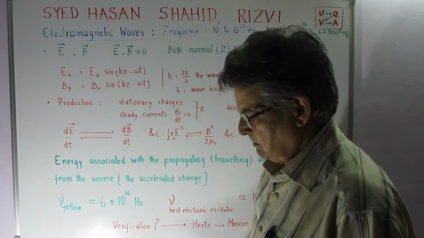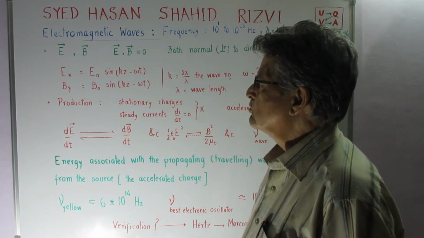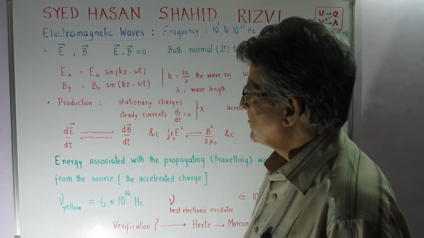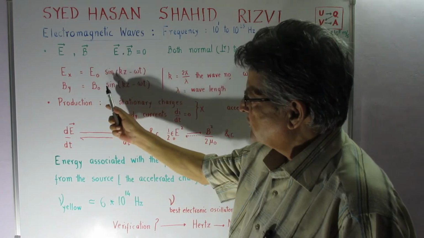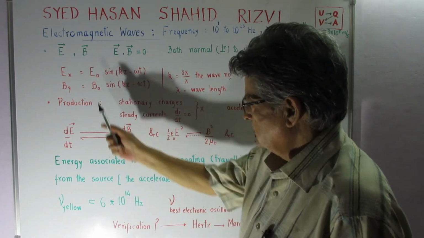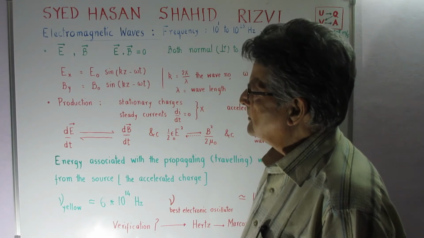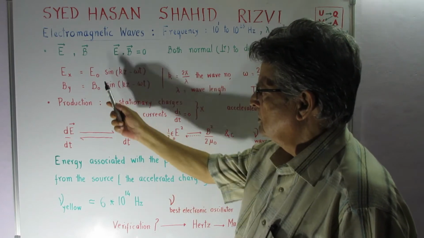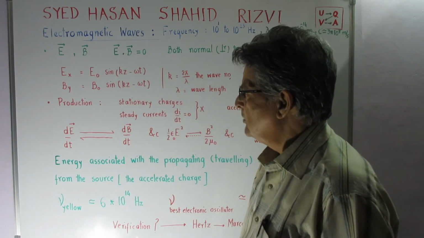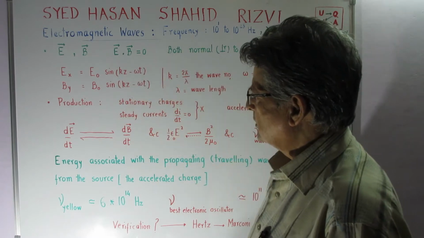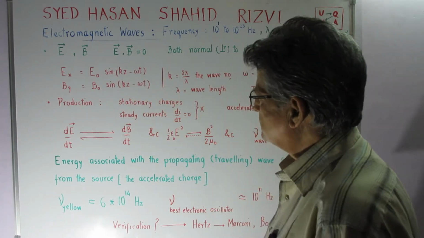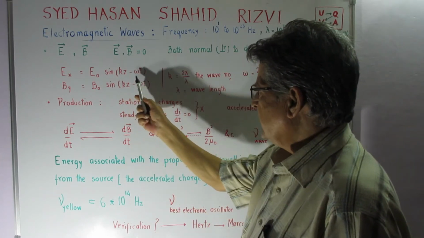Will not discuss much about them, but we have Ex, the electric field vector in the x direction, equal to E naught, its maximum value, times sine of kz minus omega t.